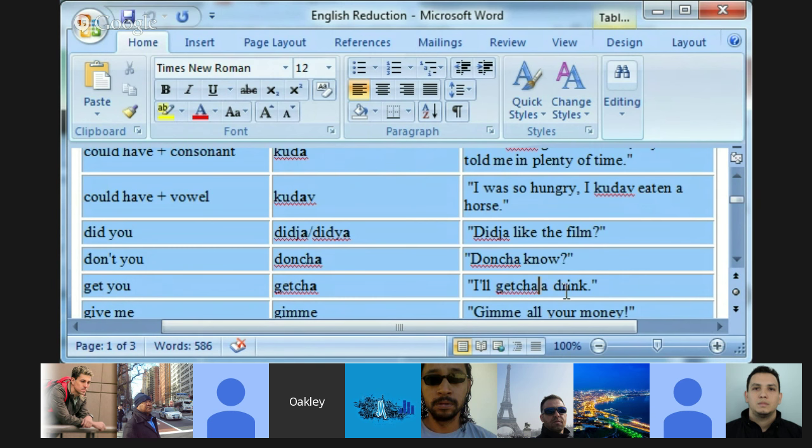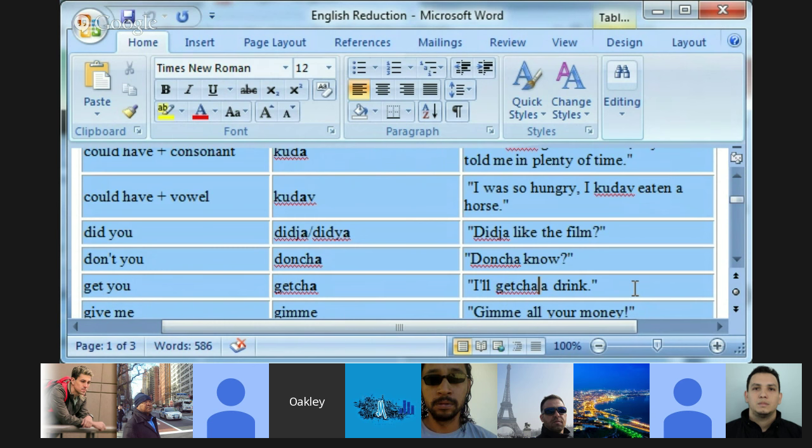There are two things we could do here, actually, Alejandro. I could say I'll get you a drink, just one sound. Actually this would be very common. Because we have the getcha, and then the article a, we just pronounce it once. Or an English speaker might choose to actually pronounce the W sound in you, so that they can connect with the article a.